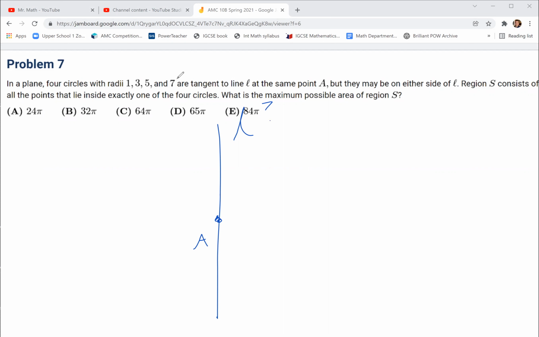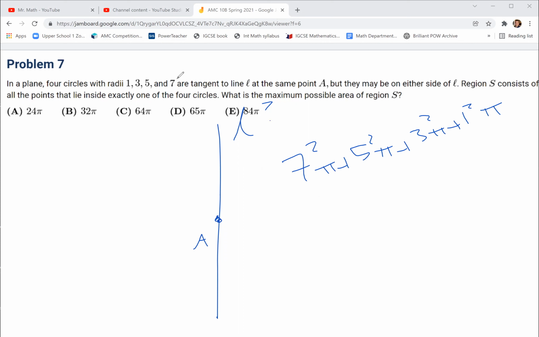Well, if you think about it, 84 pi would be the sum of 7 squared pi plus 5 squared pi plus 3 squared pi plus 1 squared pi, right? So it's the sum of all of the possible circles. But if you really think about it, that's not possible.